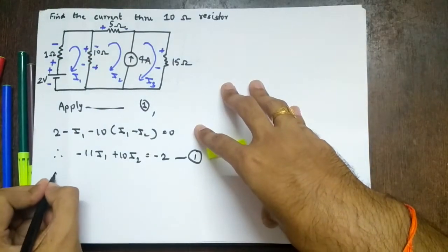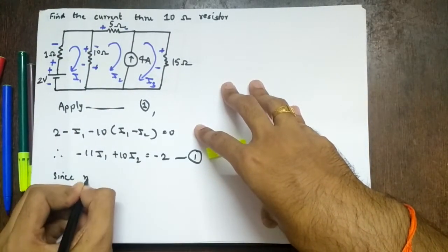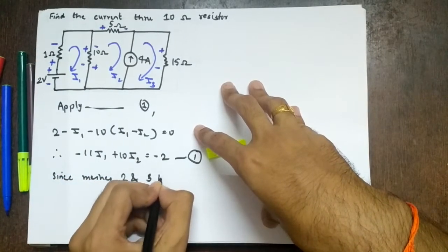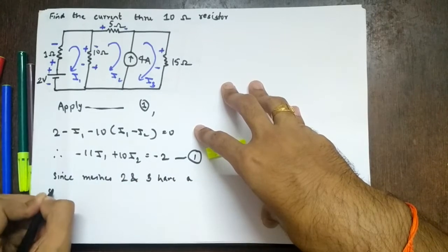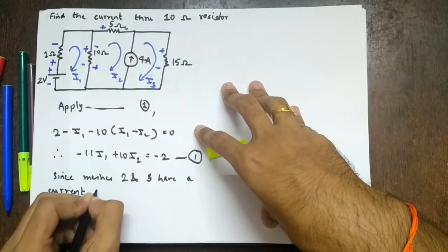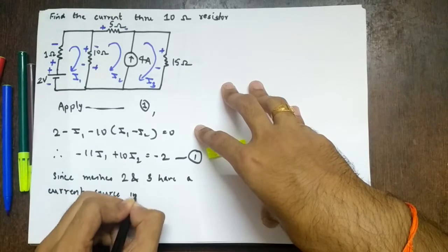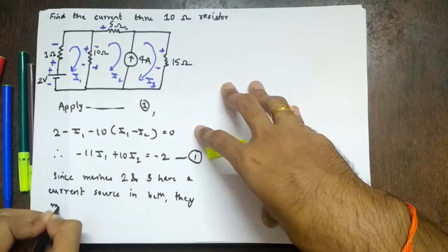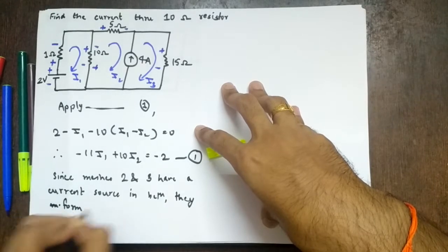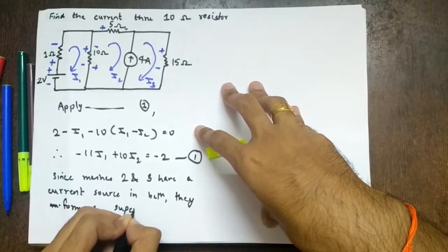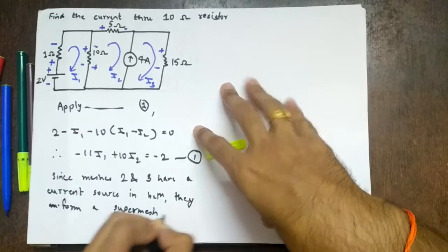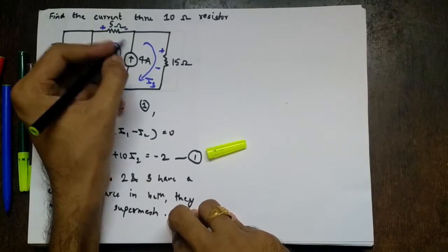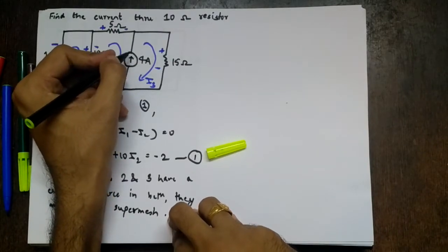So we write: since meshes 2 and 3 have a current source in between, they form a supermesh, and therefore we can directly write in this case, what is the current source value? 4 ampere.